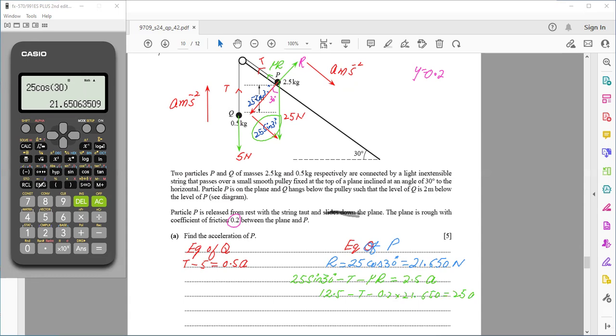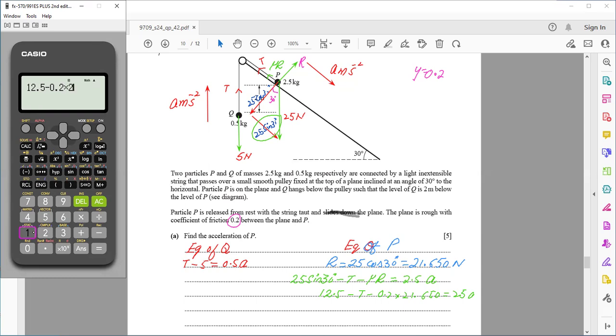Now I have to use the calculator to find the answer. First of all, I write 12.5 minus 0.2 multiplied by 21.650.